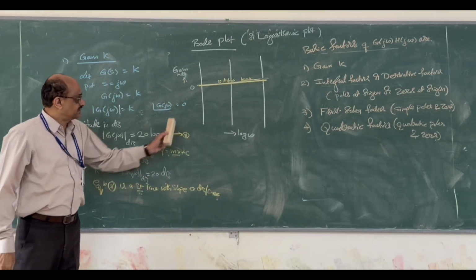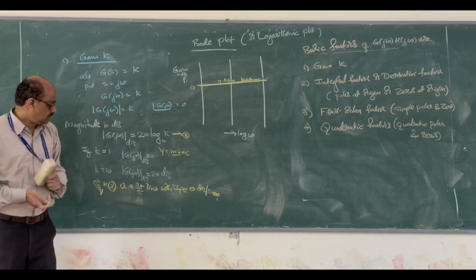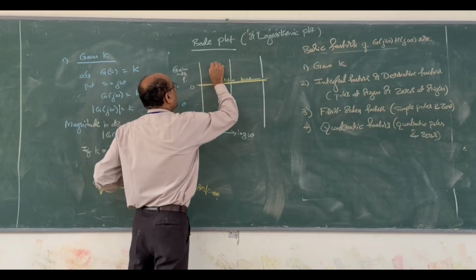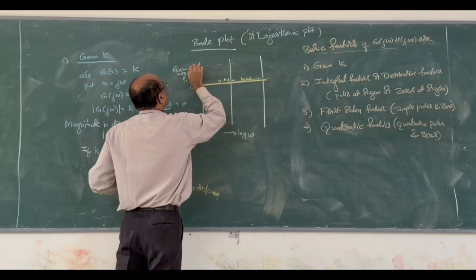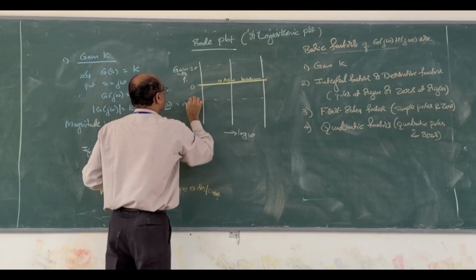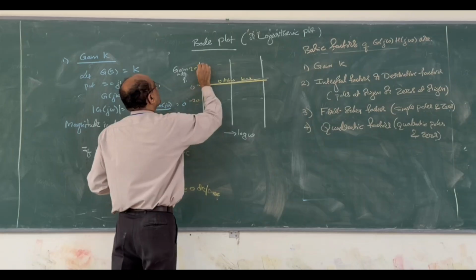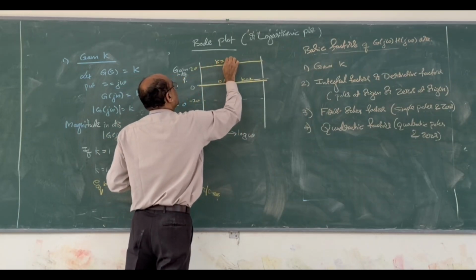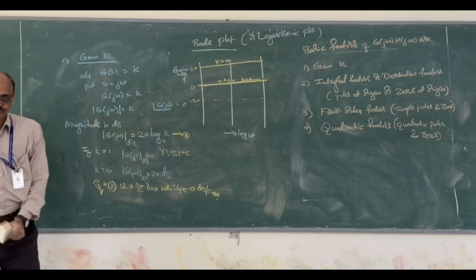For k equal to 1, this is your plot. For k equal to 10, it is 20 dB. Suppose I mark the line like this, with 20 dB and minus 20 dB, then for k equal to 10 it is the line at 20 dB.